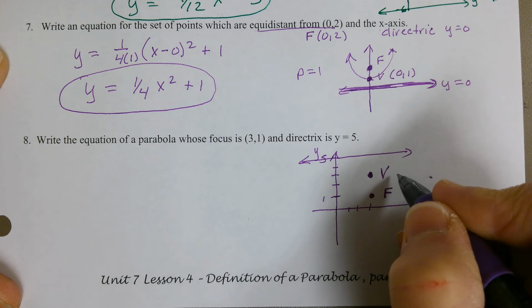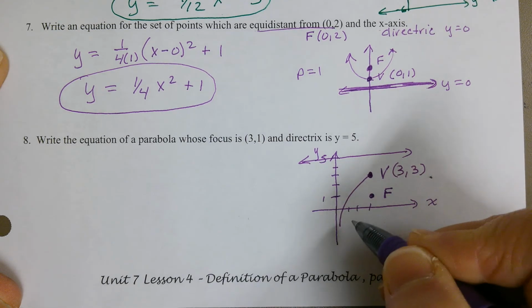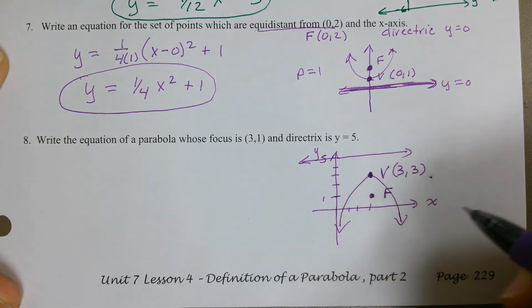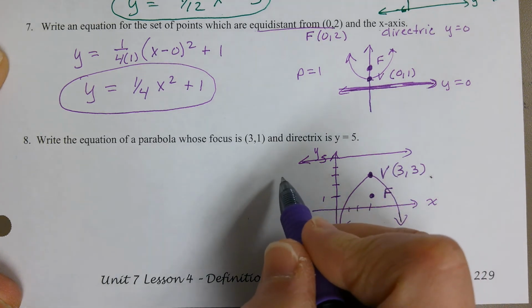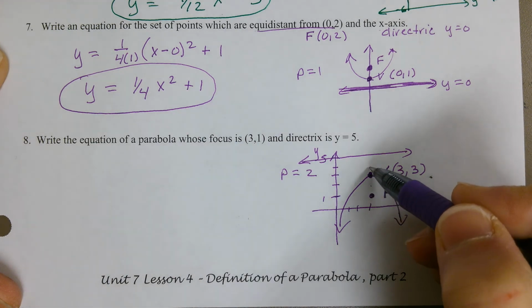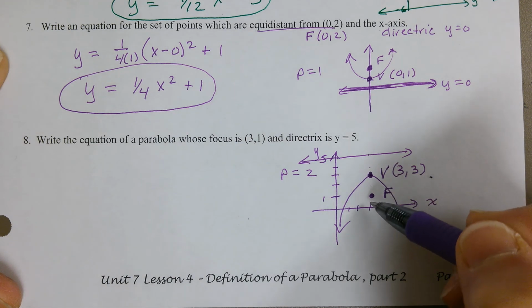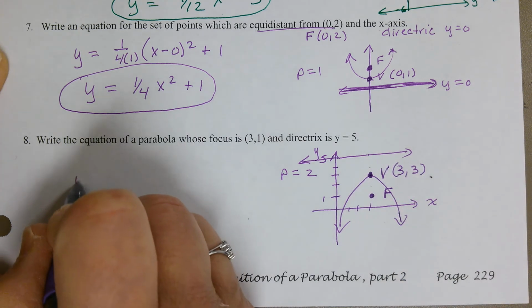Here it is at 3, 3. This parabola is opening downward, so its leading coefficient is negative, and the p-value is 2. Right, there were 4 units between the focus and directrix. Half of 4 is 2.